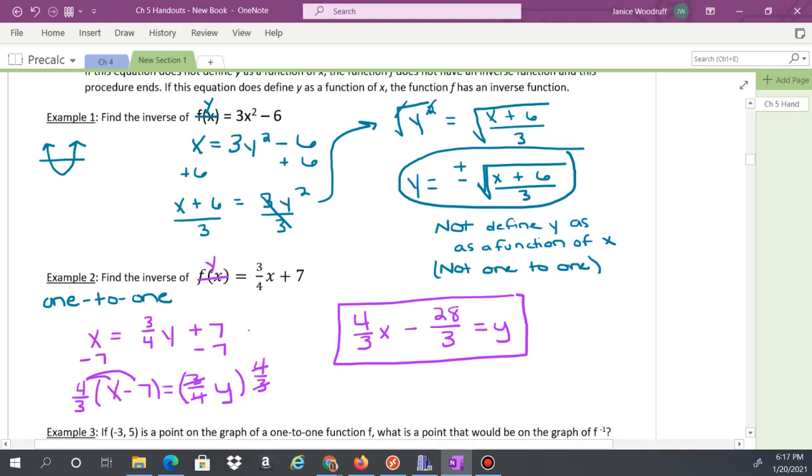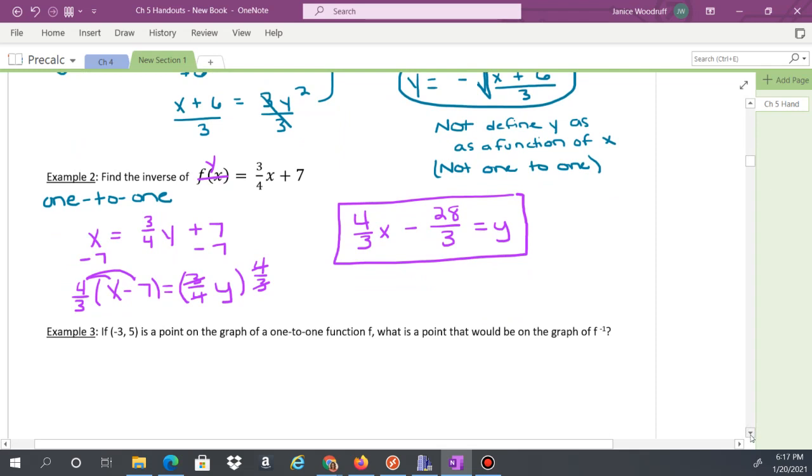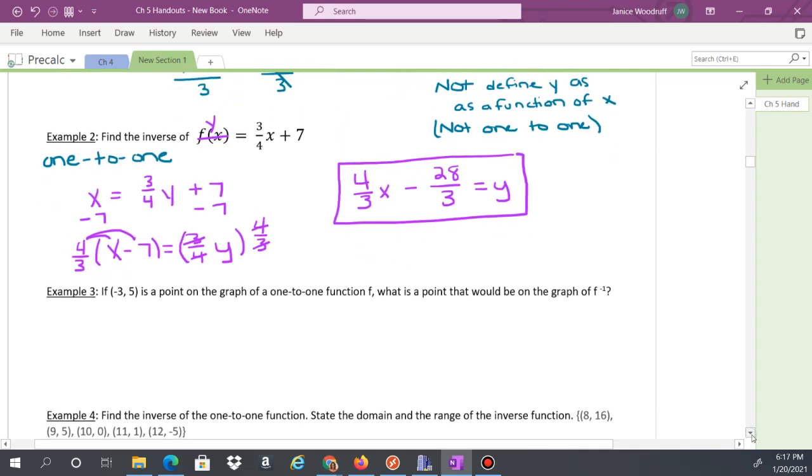Okay, so example 3. If (-3, 5) is a point on the graph of a 1-to-1 function f, what is the point that would be on the graph of f to the -1? So first of all, this indicates inverse.